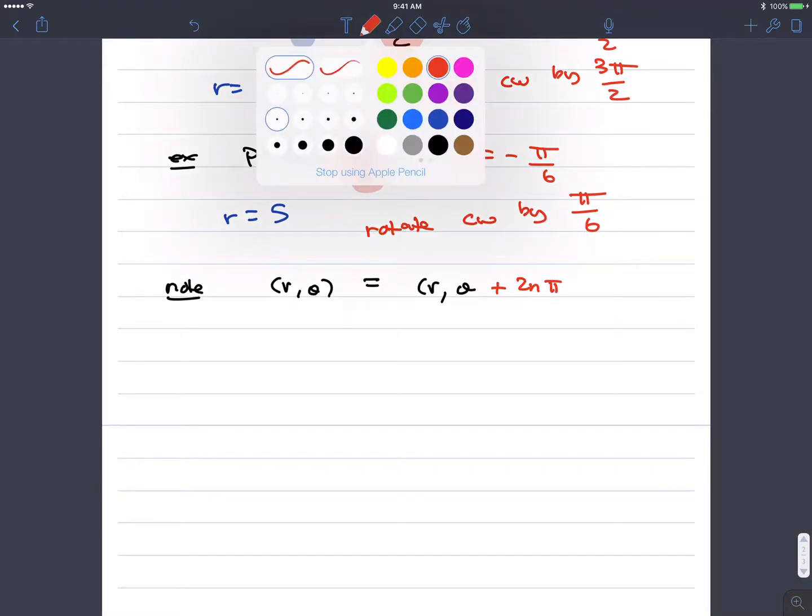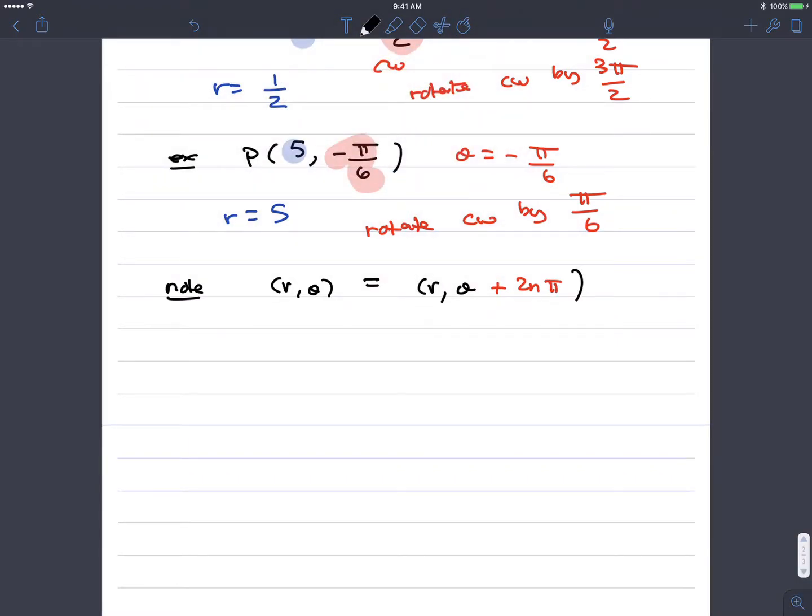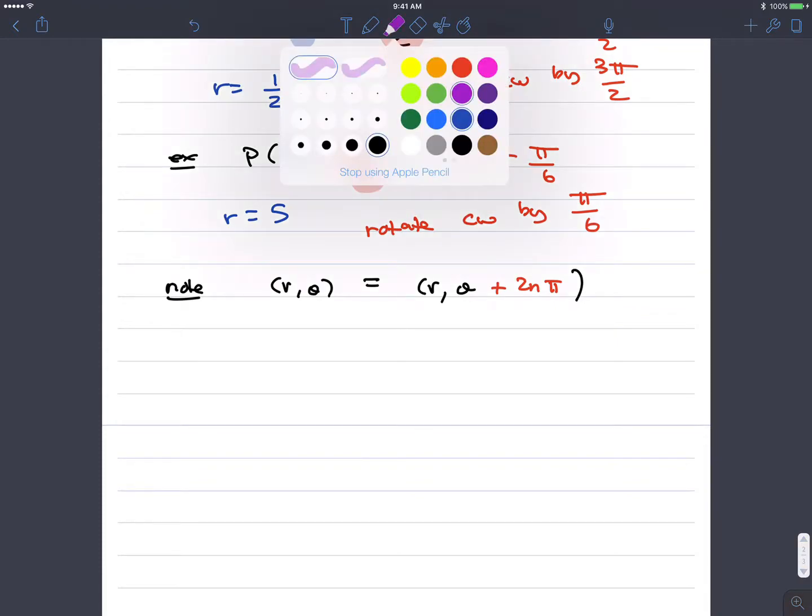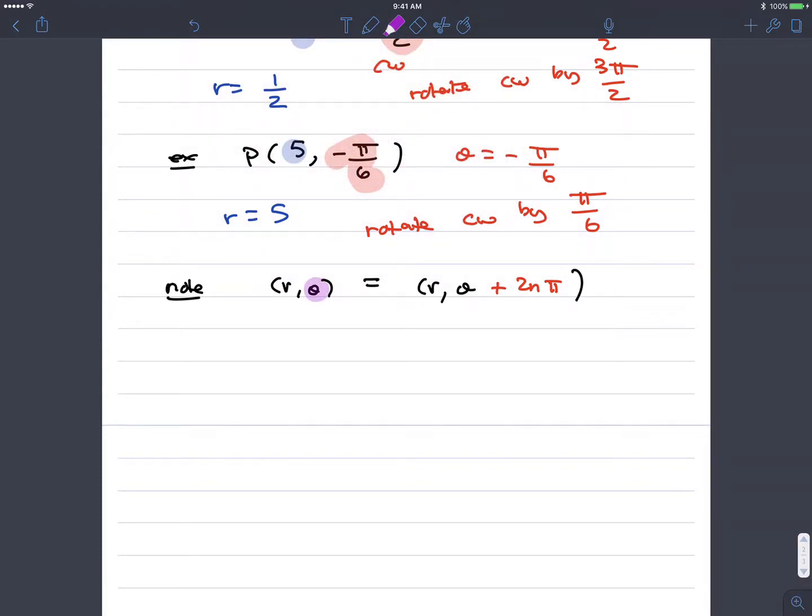Is that true? Say yes. How do you guys know? Because my angle here, theta, and theta plus 2n pi, where n is an integer, aren't those angles coterminal?